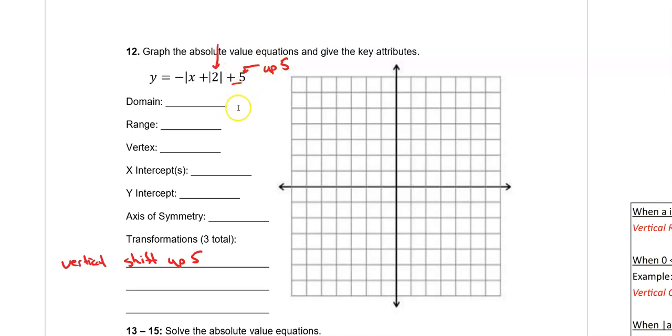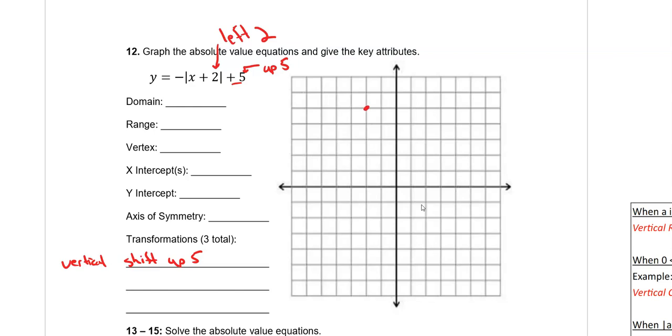It goes up 5. This one goes left or right, and we've got to remember it does the opposite of what you think. X plus 2 is going to go to the left 2. X minus 2 would go to the right 2. So you start at the origin here, and you go up 5, 1, 2, 3, 4, 5, and left 2.